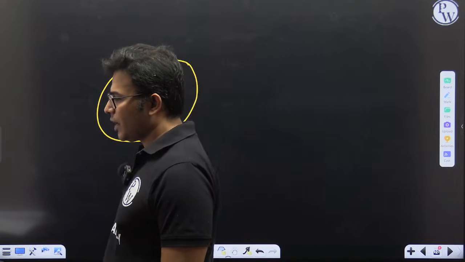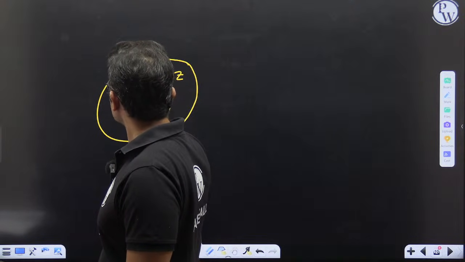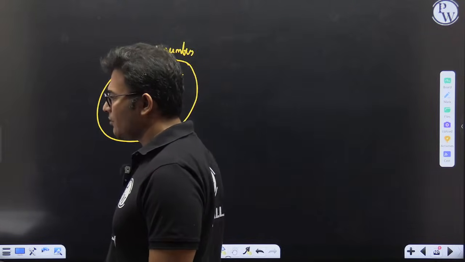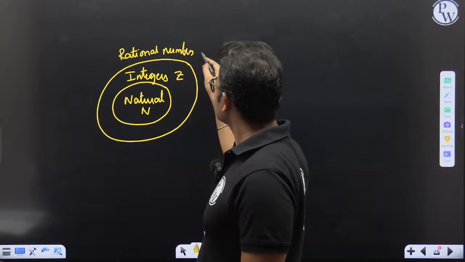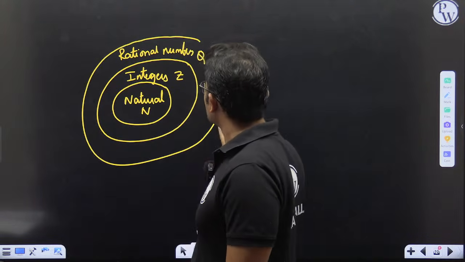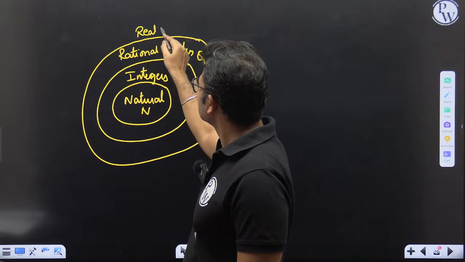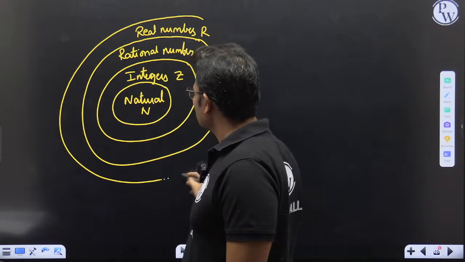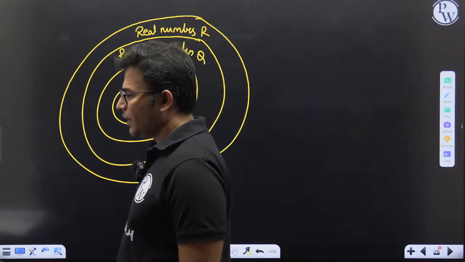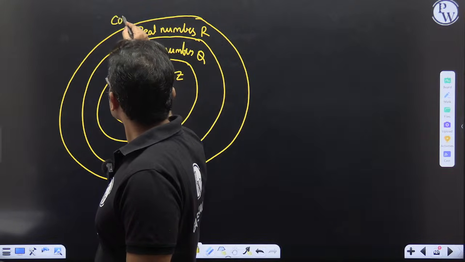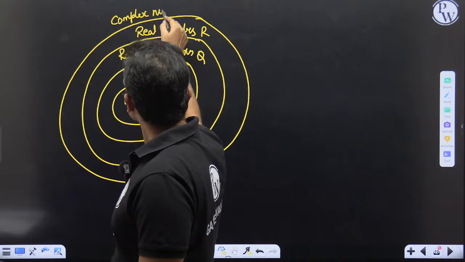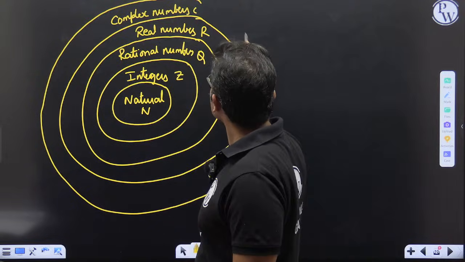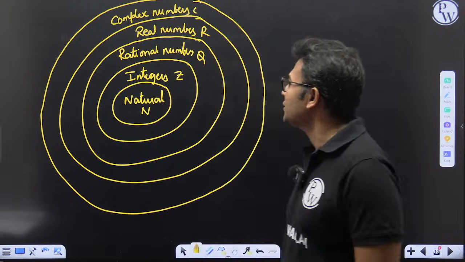Integers Z, and rational numbers Q, and real numbers R, and complex numbers C.